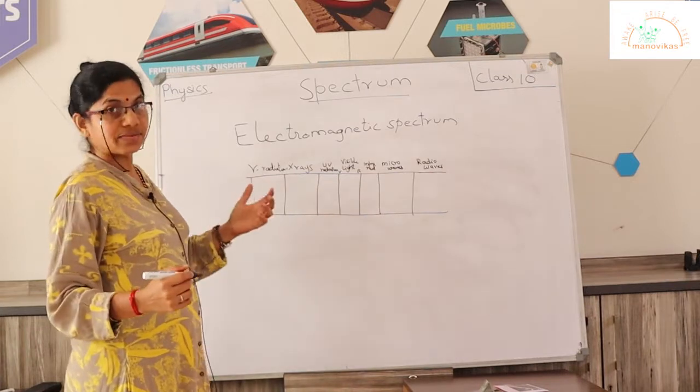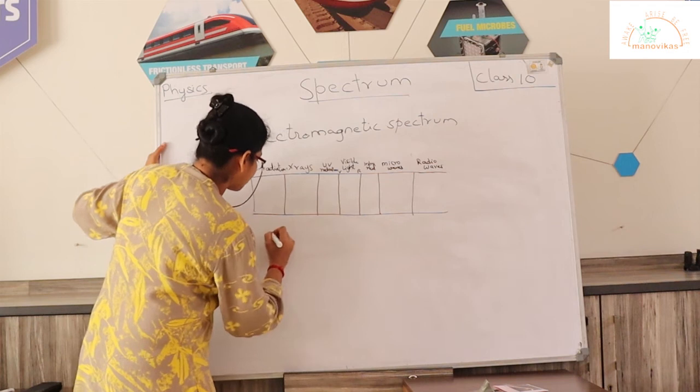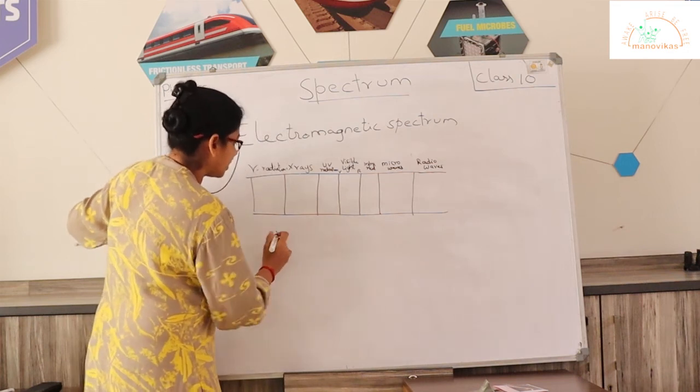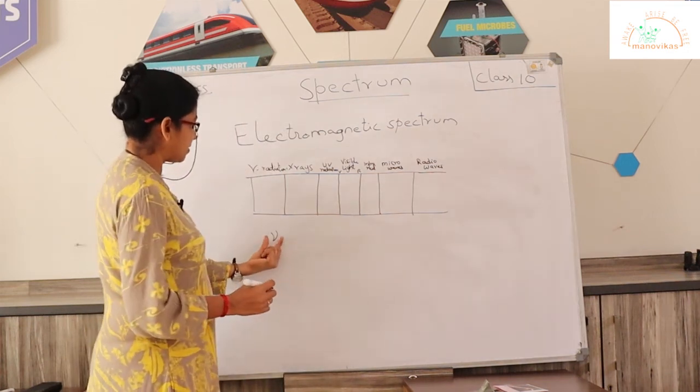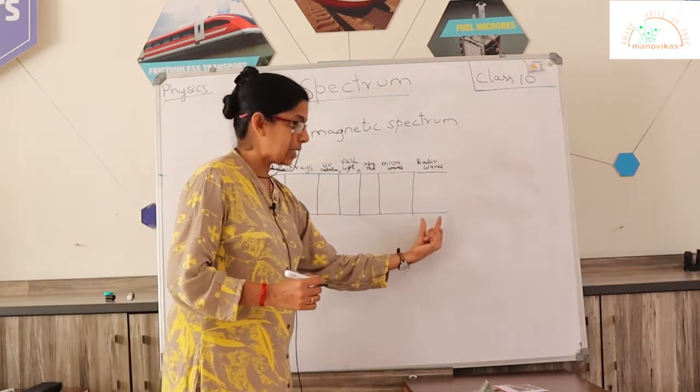If you look at the frequency, which is denoted by nu, okay, frequency here will be higher and frequency over here will be lower.